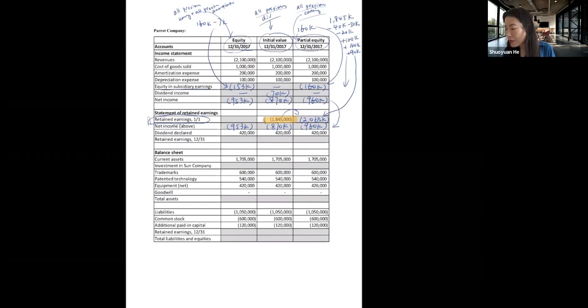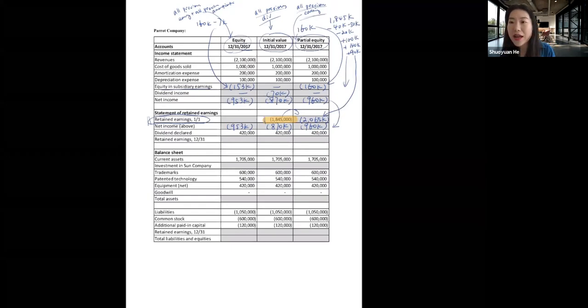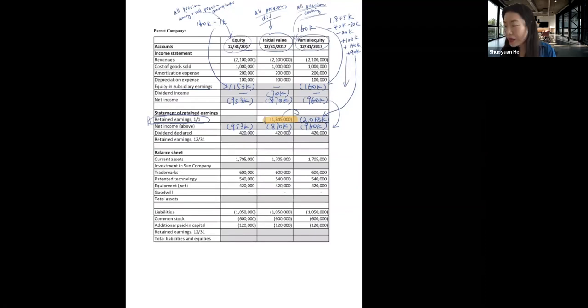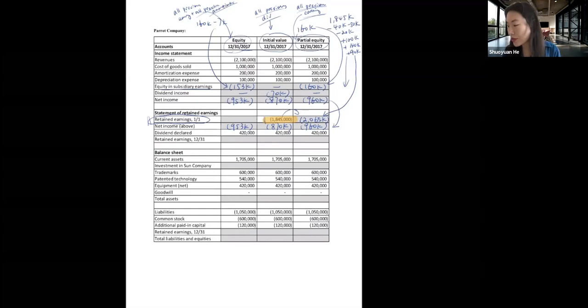So how about the equity method? What is the difference between partial equity and equity? Under the equity method, the only additional thing we need to take out is all of the previous years' amortization.